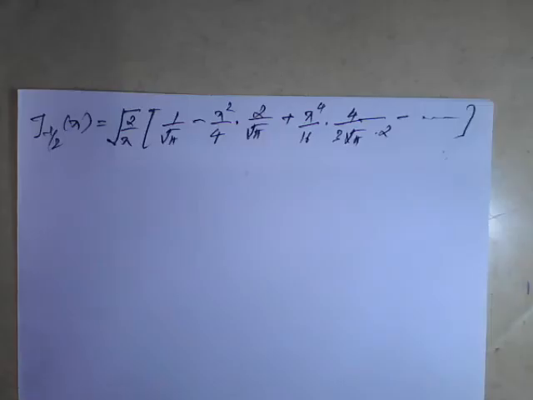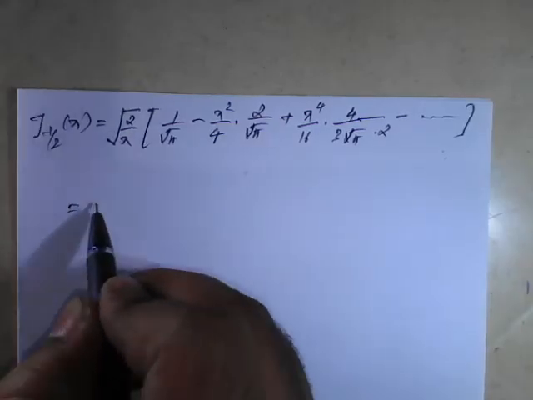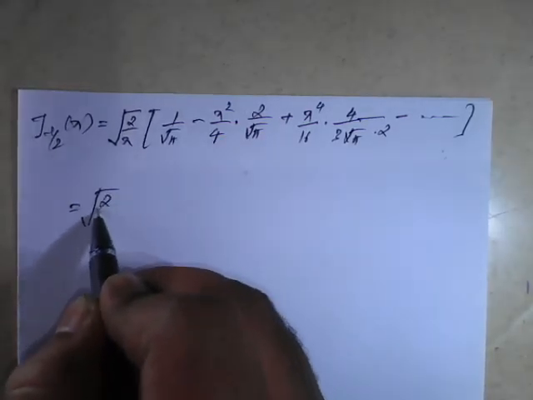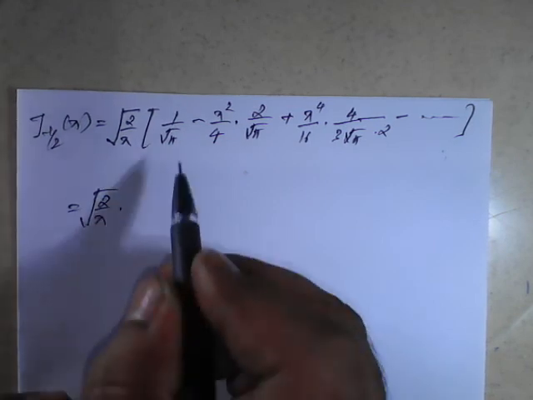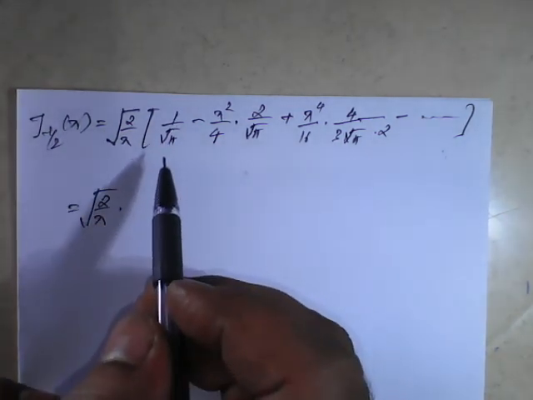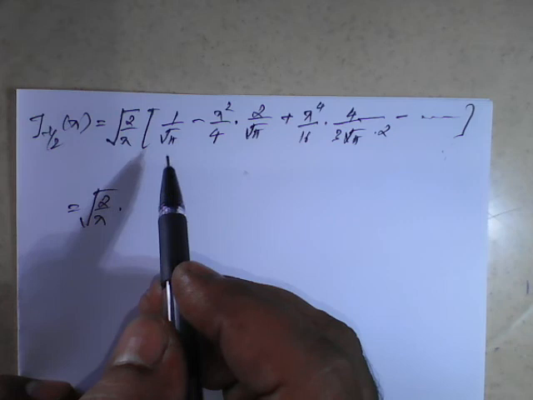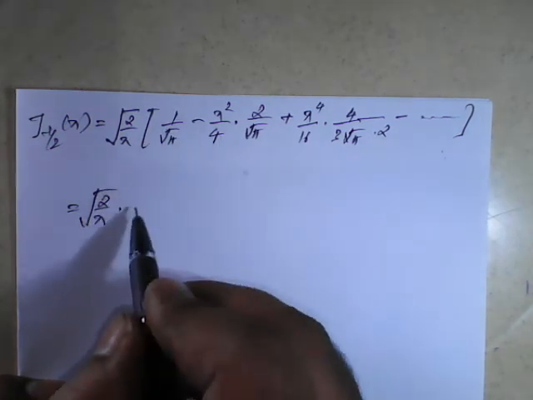So on simplification, square root of 2 upon x, take again common 1 upon root pi.